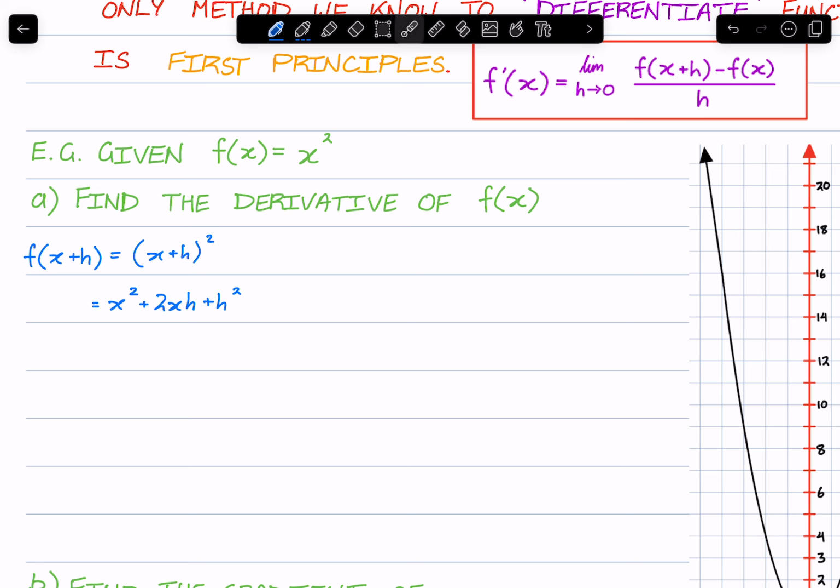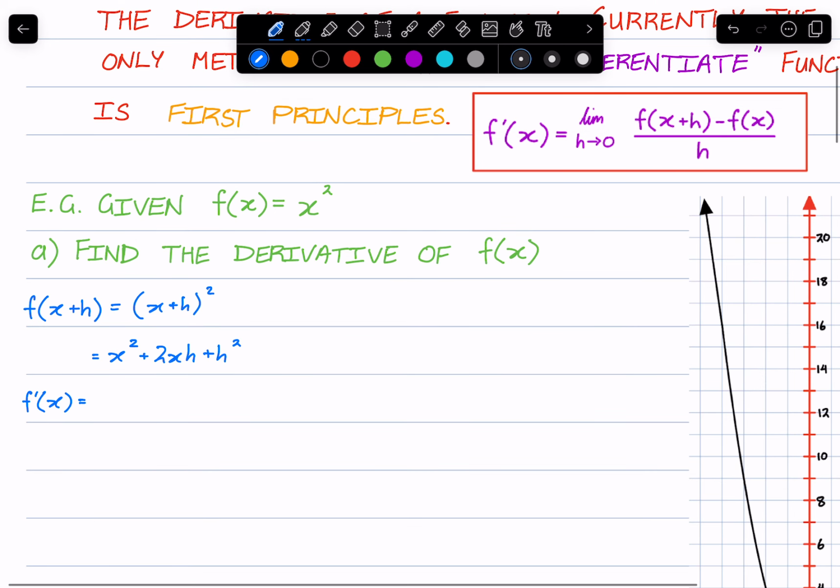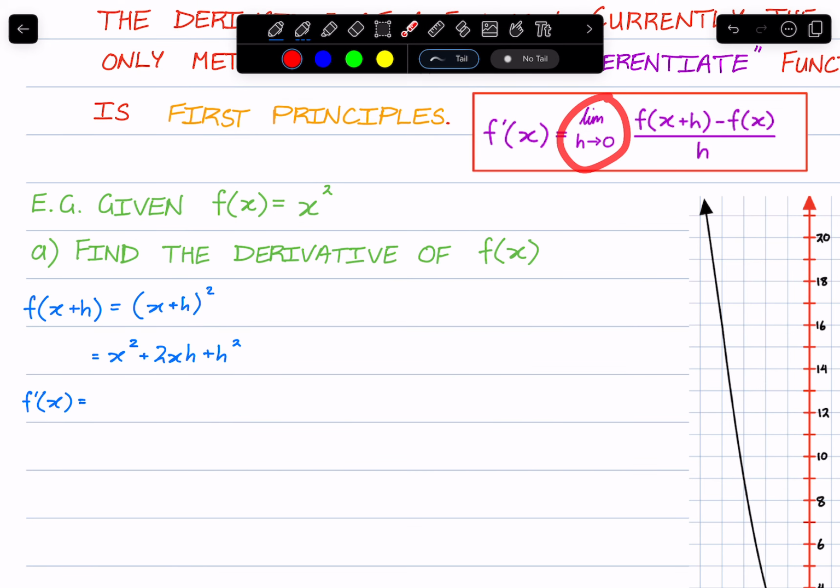Once we have this expression, which is one of the harder things to find whenever students do this, we now just simply follow this expression. So f prime of x is equal to the limit as h approaches 0.